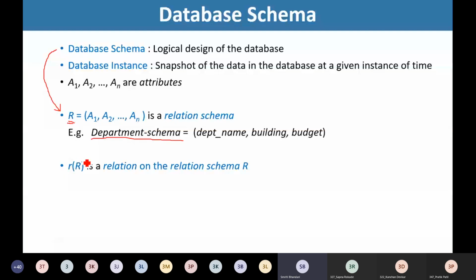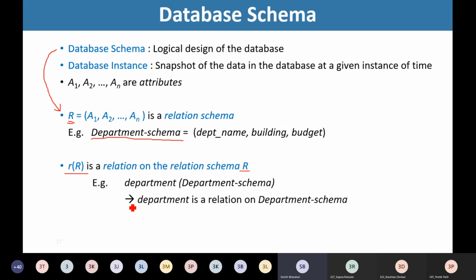Now, small r in parenthesis capital R. This is a relation on the relation schema capital R. So small r is the relation on the relation schema capital R, denoted as r(R). What do we mean by that?